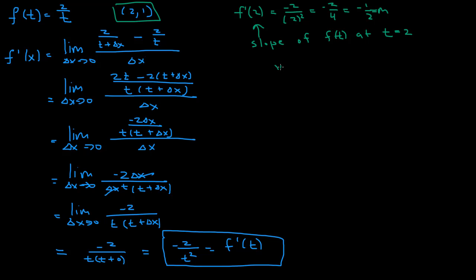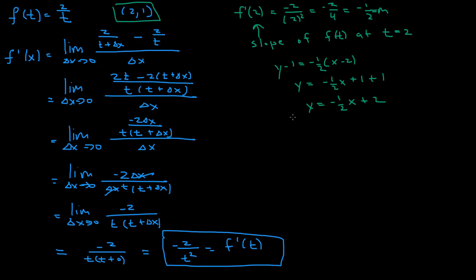We could write y minus y1, which is 1, equals m, which is negative 1/2, times x minus x1, which is 2. And we could say y equals negative 1/2 x plus 1 plus 1. So y equals negative 1/2 x plus 2.